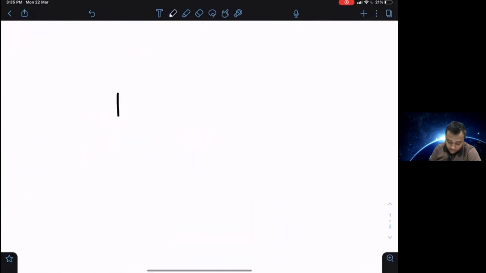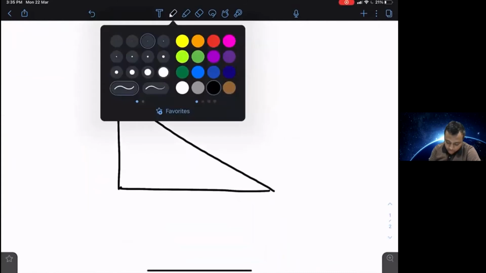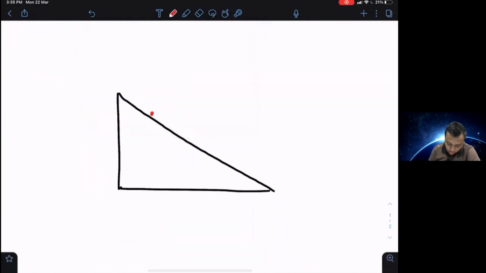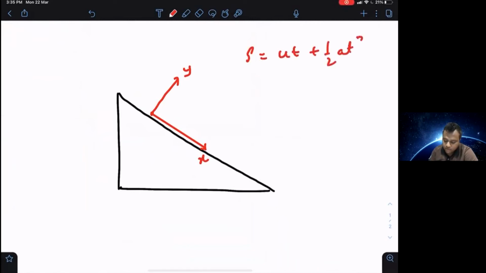Whatever is the initial velocity of P along the x-axis, the same should be the initial velocity of Q along the x-axis. Y-axis is perpendicular, x-axis is down the inclined plane. Using s equals ut plus half at square along the x-axis, in the same time t with the same acceleration a, they should have the same s, which means u must also be the same.